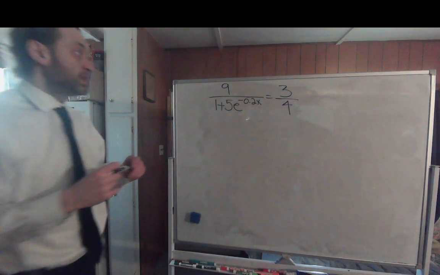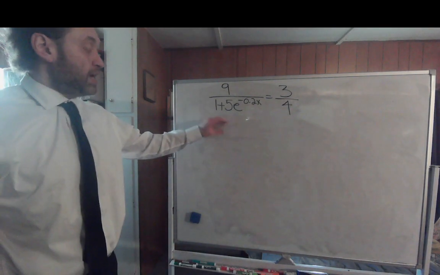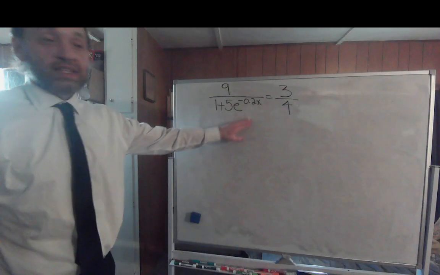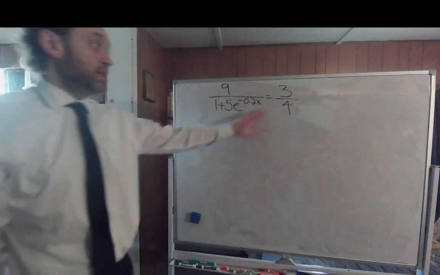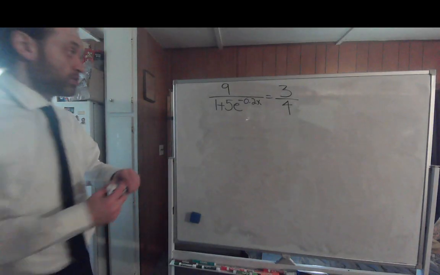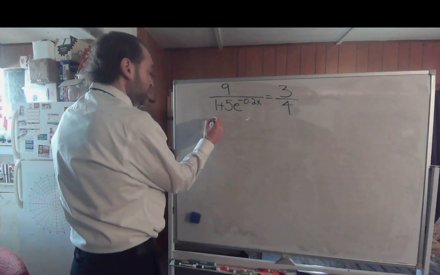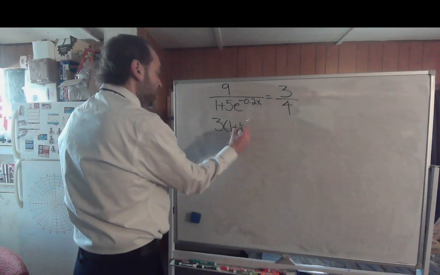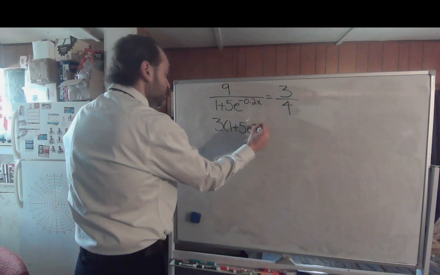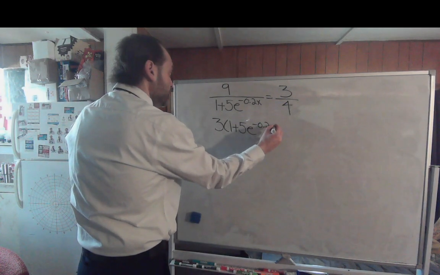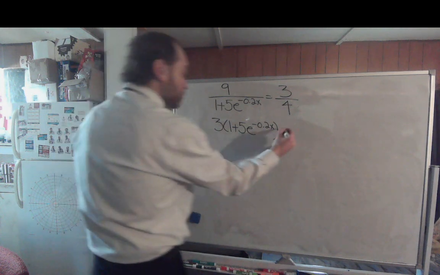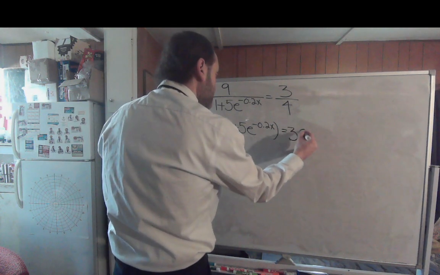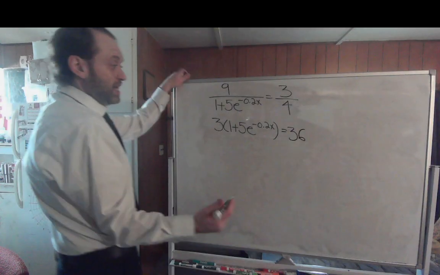So 9 over 1 plus 5e to the negative 0.2x equals 3/4. So we'll cross multiply. You'll get 3 times 1 plus 5e to the negative 0.2x would equal 36. Now divide both sides by 3.